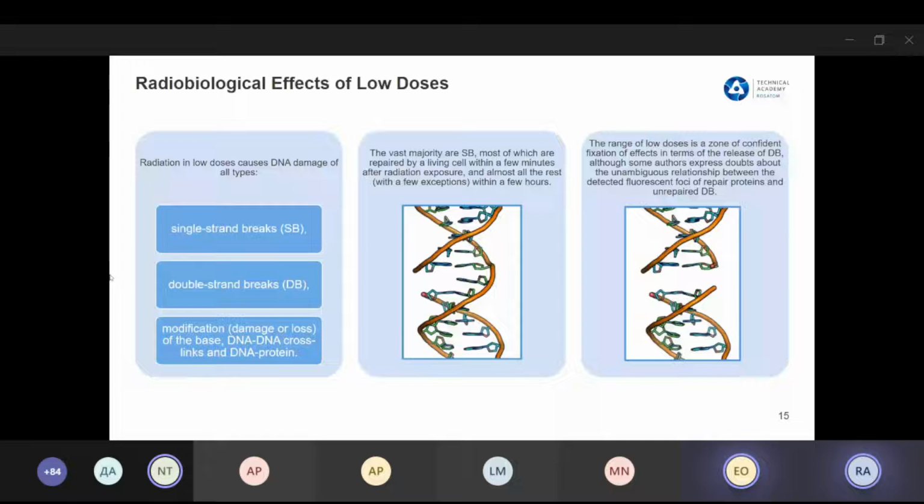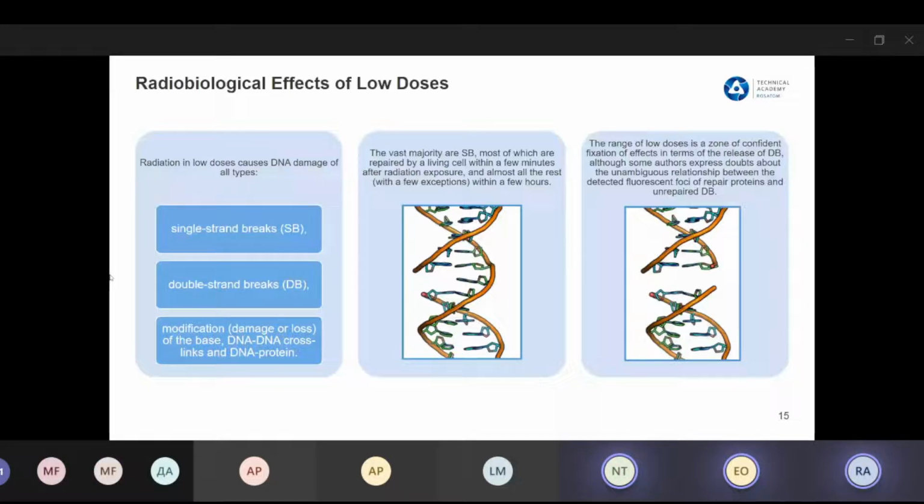This made it possible to determine double-strand breaks after irradiation, as mentioned above, even at very low doses, up to 10 milligray.